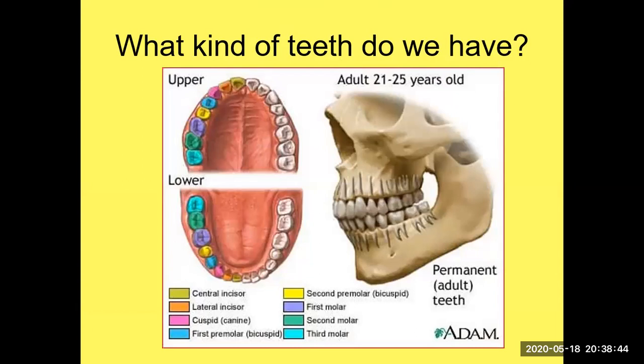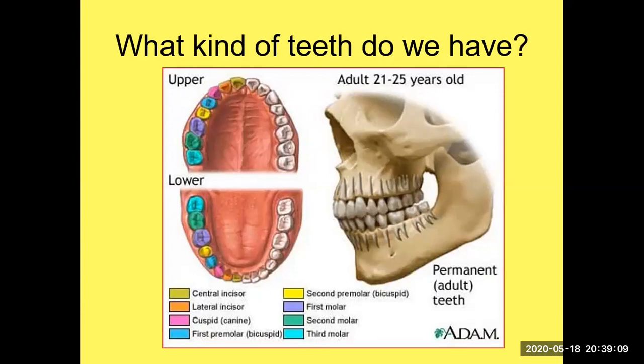And so the teeth have been color coded. The yellow is the second premolar bicuspid. The blue is first molar. The green is the second molar. The light green is the third molar.